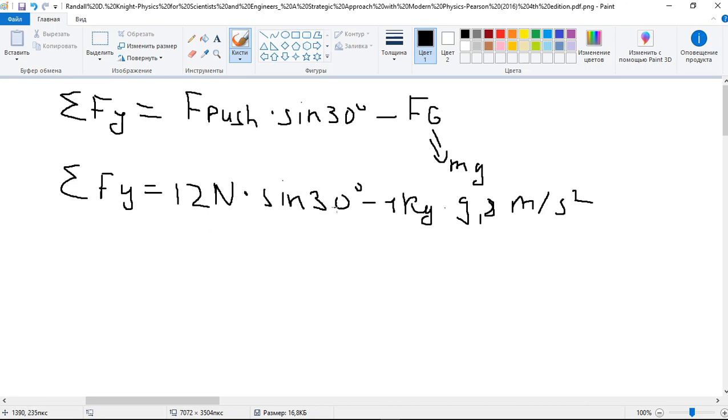Sin 30 is 1 divided by 2, so that gives 6 Newton, minus 9.8, and it is equal to minus 3.8 Newton.